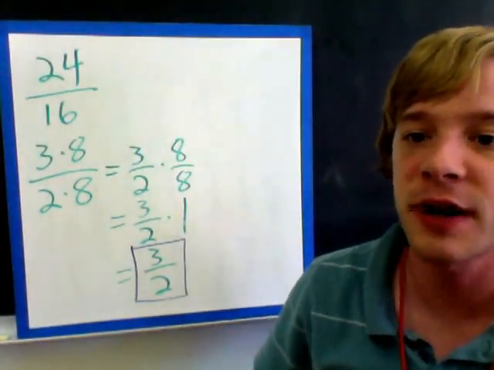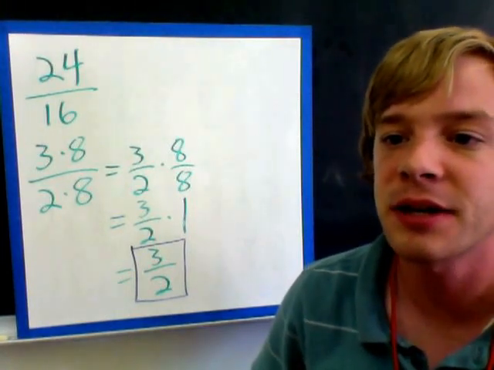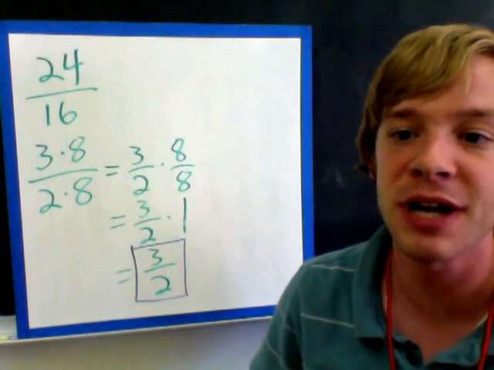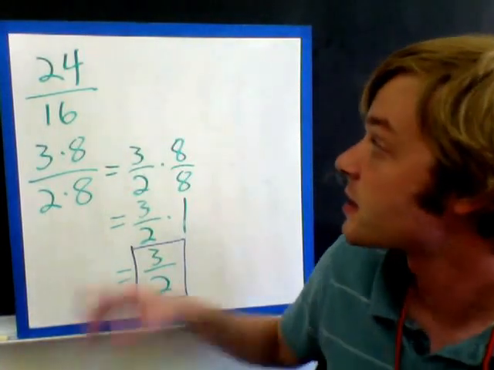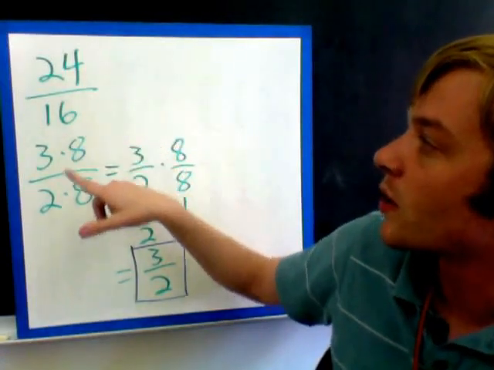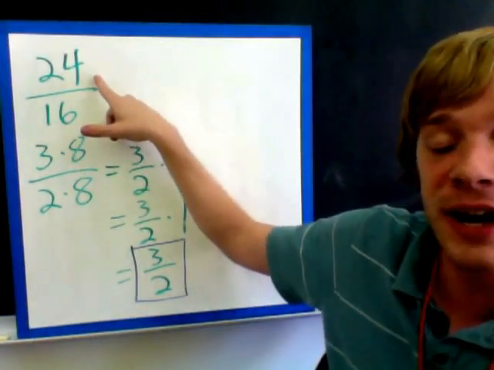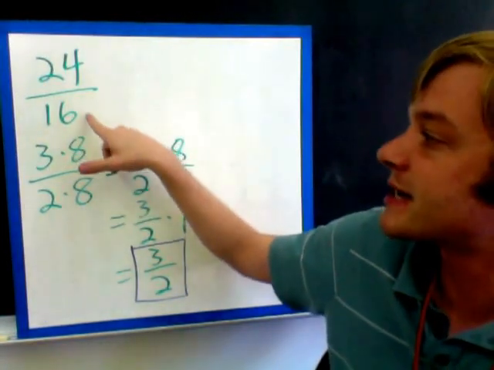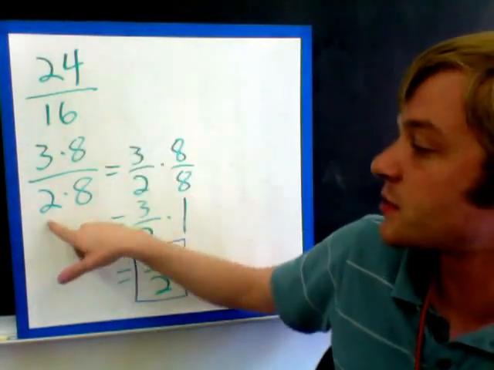When simplifying fractions, you can cancel out any number or variable that you have multiplied in both the numerator and denominator. So for instance, we have 24 over 16. Well, we know that 24 will factor into 3 times 8, and we know that 16 will factor into 2 times 8.